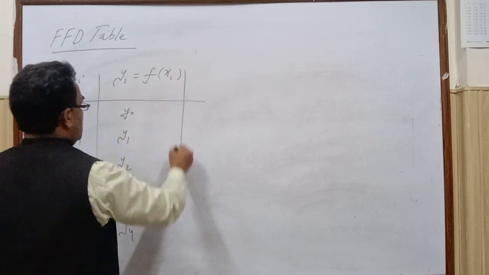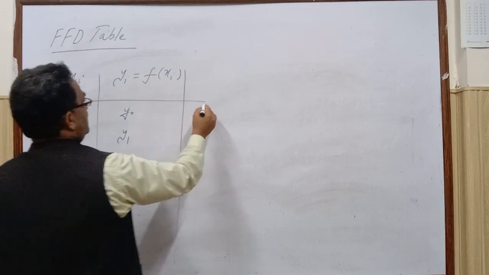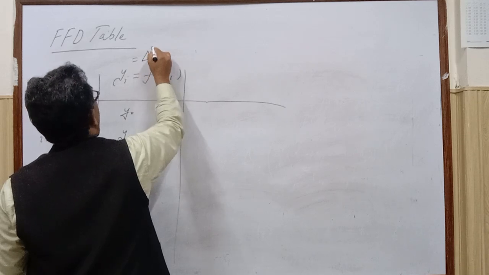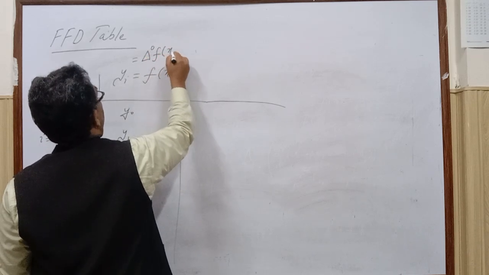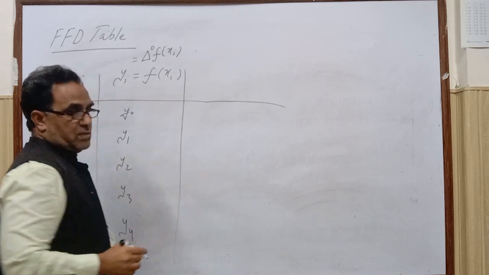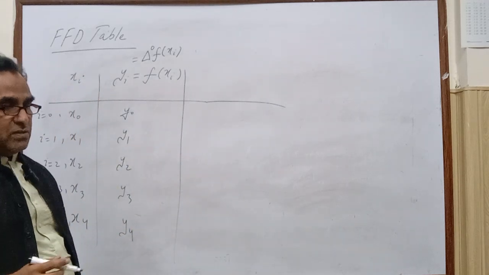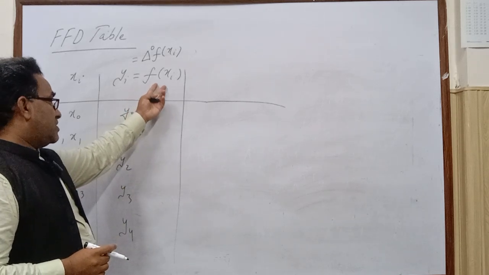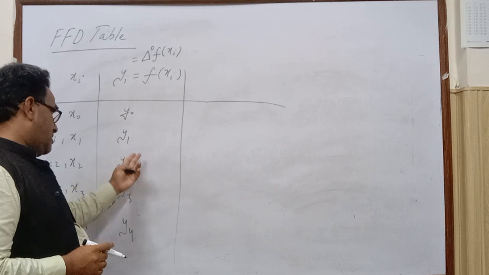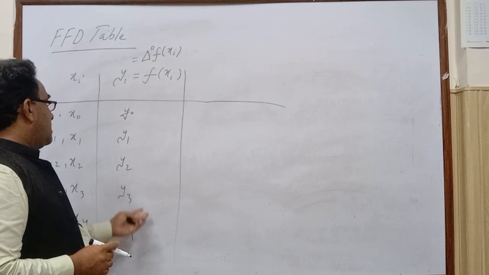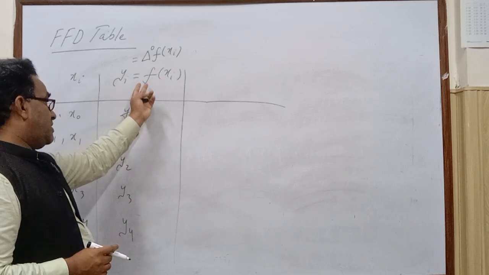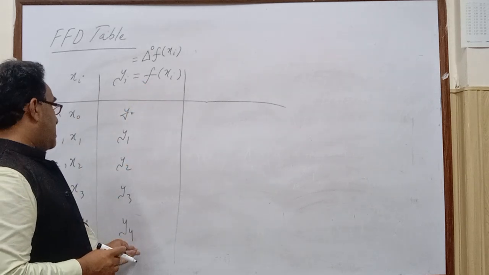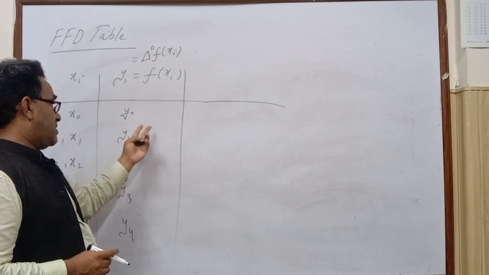By the way, these values of y are called the zeroth forward finite difference. This can also be written as zeroth FFD. Zeroth means the value of the function itself is called zeroth. FFD means the value of x will not change, so that's why the values of the function at the values of x are directly called zeroth FFD.